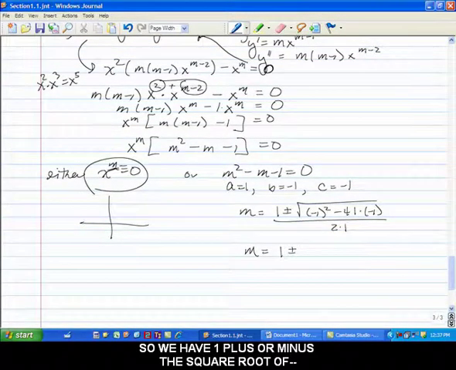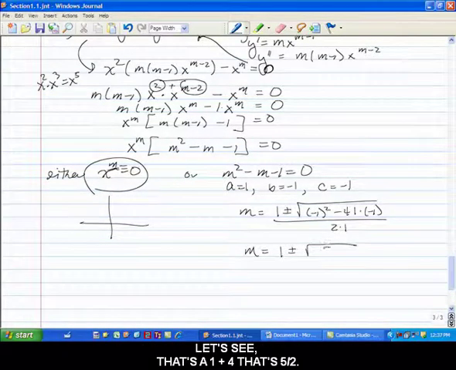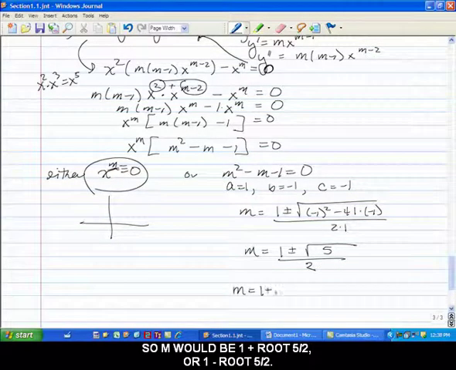So we have 1 plus or minus the square root of, that's a 1 plus a 4, that's 5, over 2. So m would be 1 plus root 5 over 2, or 1 minus root 5 over 2.